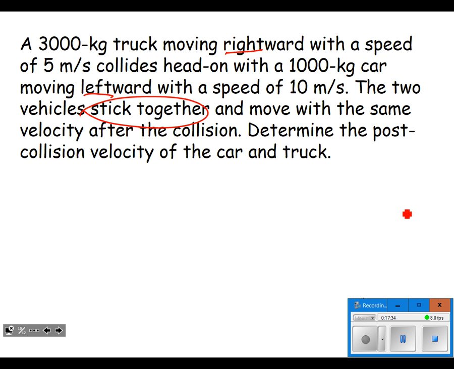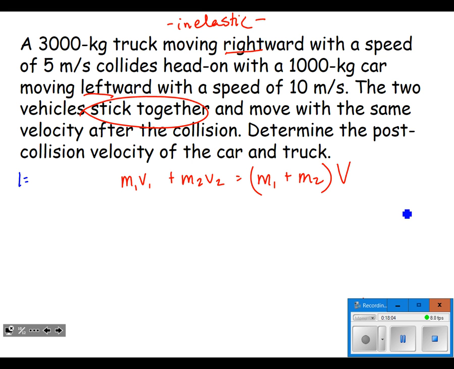So, first thing, is it elastic or inelastic? It's inelastic. And so we know the formula for that to be M1V1 plus M2V2 equals (M1 plus M2)V. So I'm going to identify my truck as object 1 and my car as object 2.